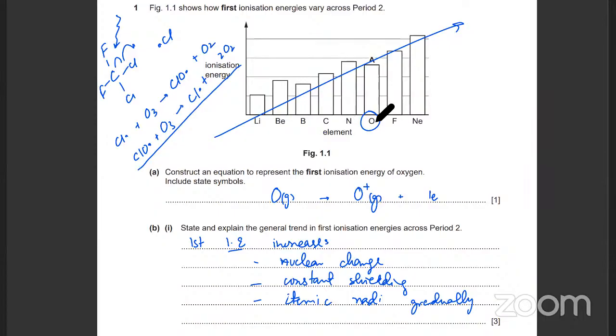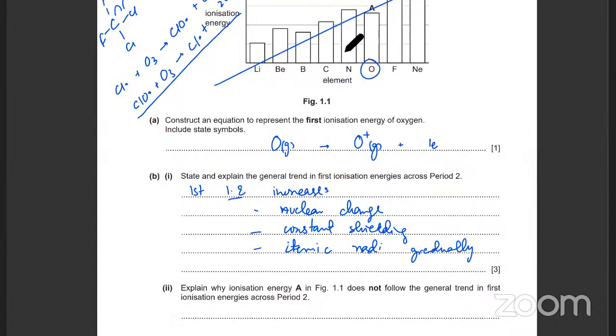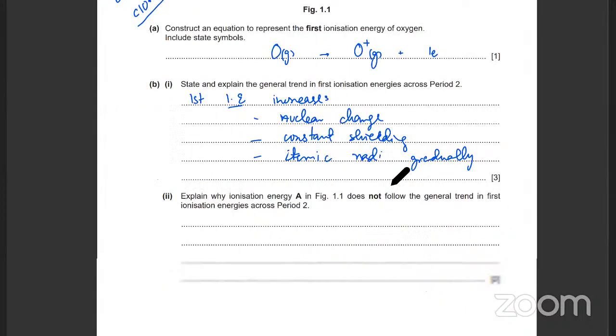And then you write that there's spin pair repulsion in oxygen, so it is easier to remove an electron. So make sure you describe the electronic configuration: a half-filled p orbital, a paired p orbital, and spin pair repulsion.